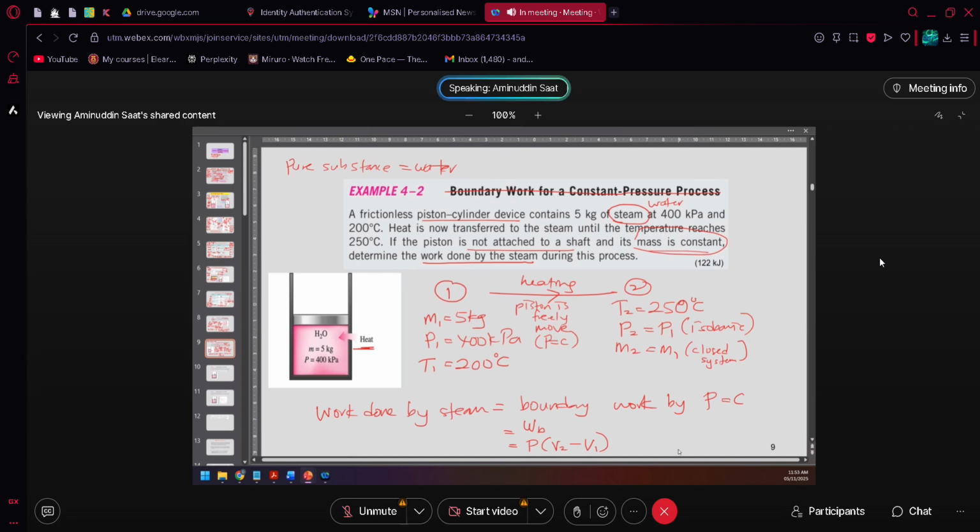How to find V2 and V1? You need to find them from the table properties. Some might say, I can use PV equals mRT, because we have the T here, we can find R from the table, we have the mass and the pressure, so we can find V. So can we use this equation?